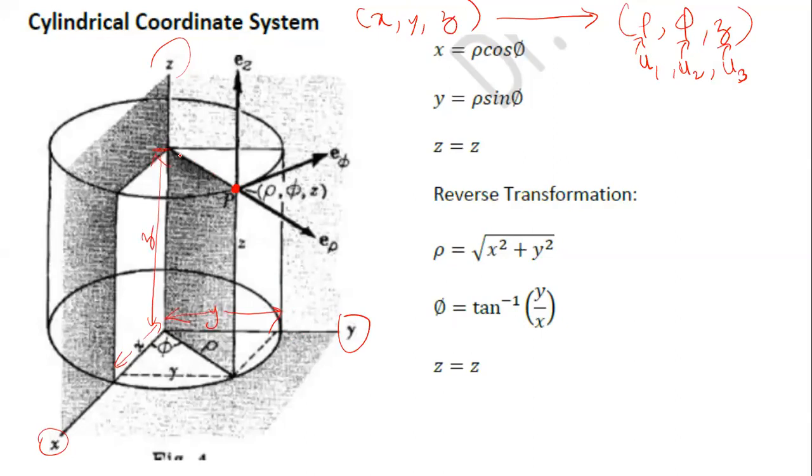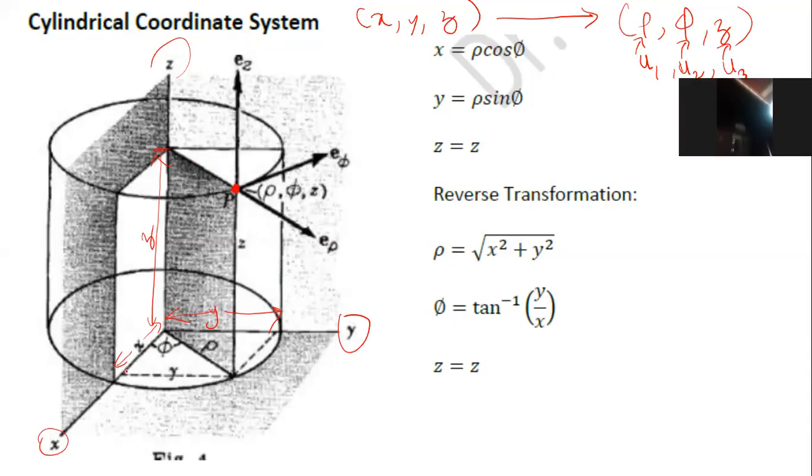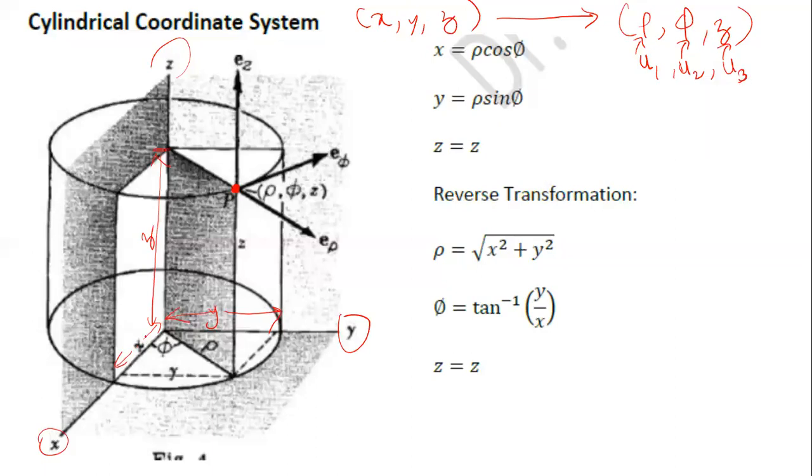So the location of this point P can be identified using this three-dimensional Cartesian x, y, z system. From this point, if you drop a perpendicular on the xy plane, you arrive at this point, and from this point again, if you drop a perpendicular on the x-axis, this will give your x value.